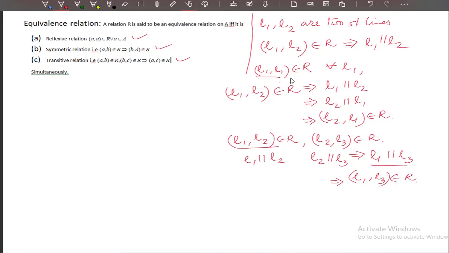Now here we get the reflexive relation. In this step we get the relation is symmetric, and in this step we get the relation is transitive. So this relation is an equivalence relation.